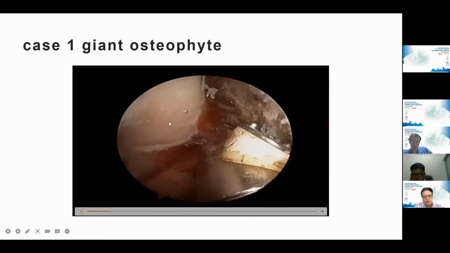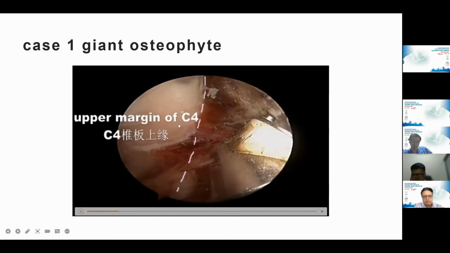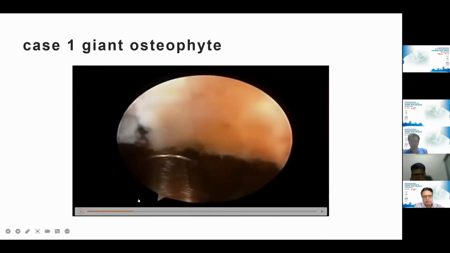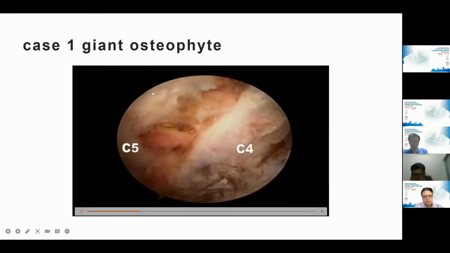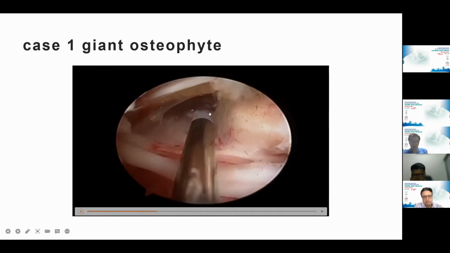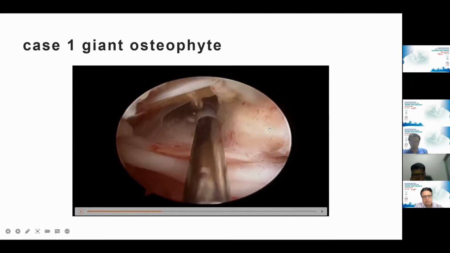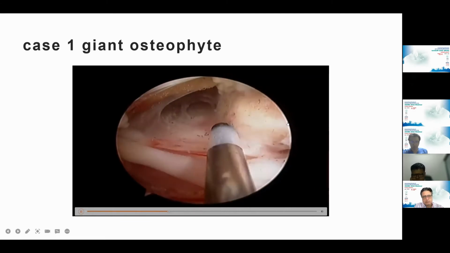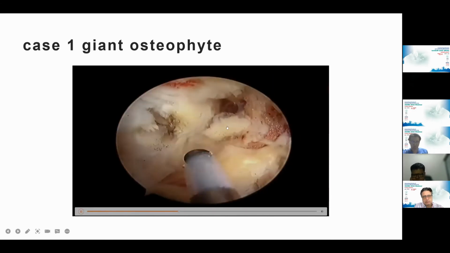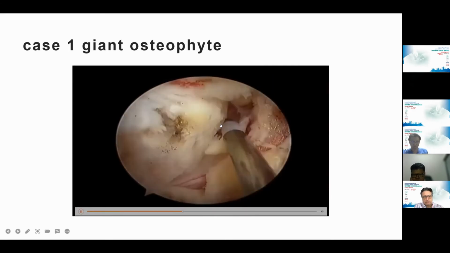We expose the upper margin of C4. And this is the interlaminar area. The inferior margin of the osteophyte. The upper margin of the osteophyte.